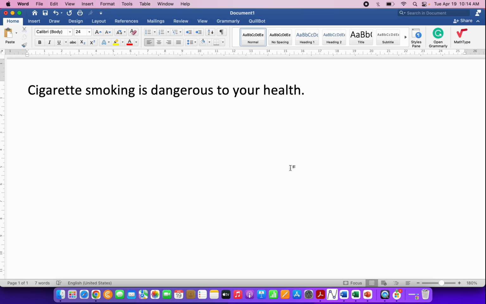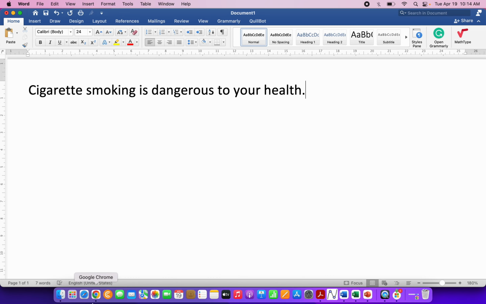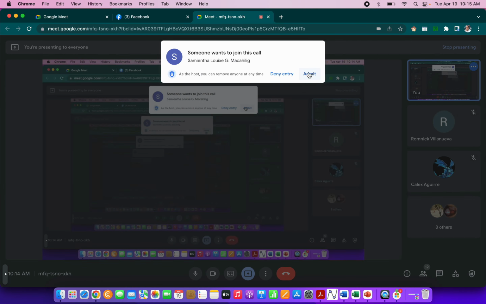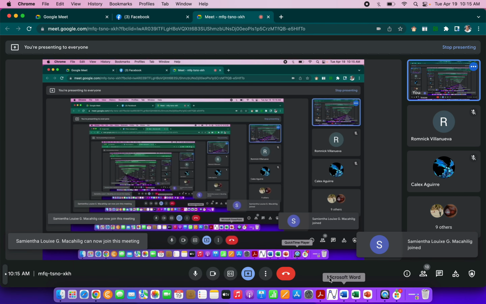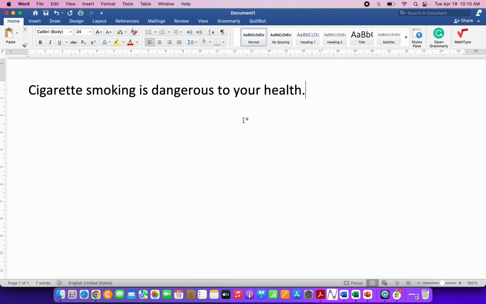So as you can see, this statement actually, or this sentence actually is not in if-then form. Pero, we can still call this one a conditional statement. So, if the statement is not in if-then form, you need to transform or rewrite this one into if-then form.